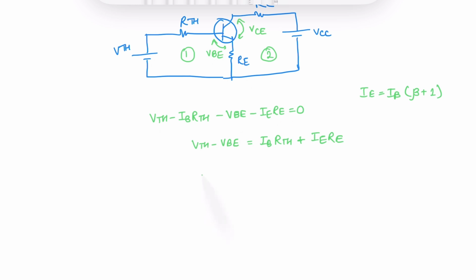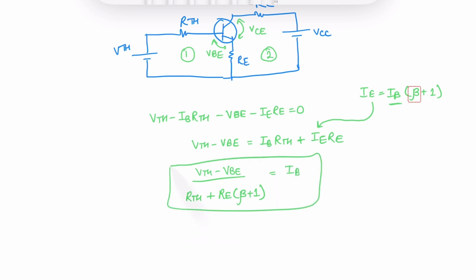So we can find the value of IB by putting this over here. VTH minus VBE upon RTH plus RE times beta plus 1 is equal to IB.